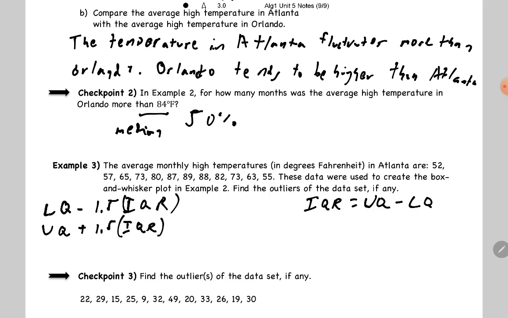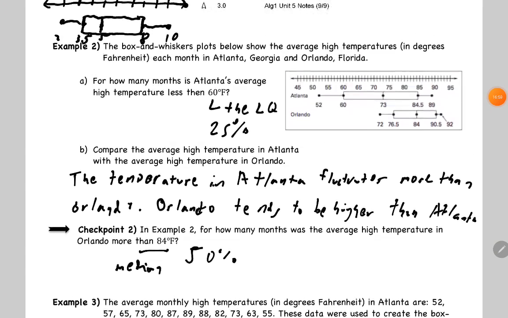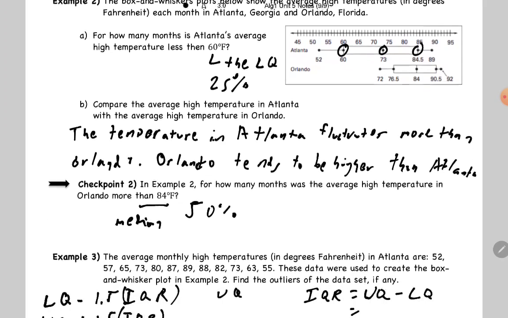So let's find the IQR so we can have a number. So the upper quartile of Atlanta is 84.5. So if I'm looking at the data here, we have the upper quartile, lower quartile, median, minimum, maximum.